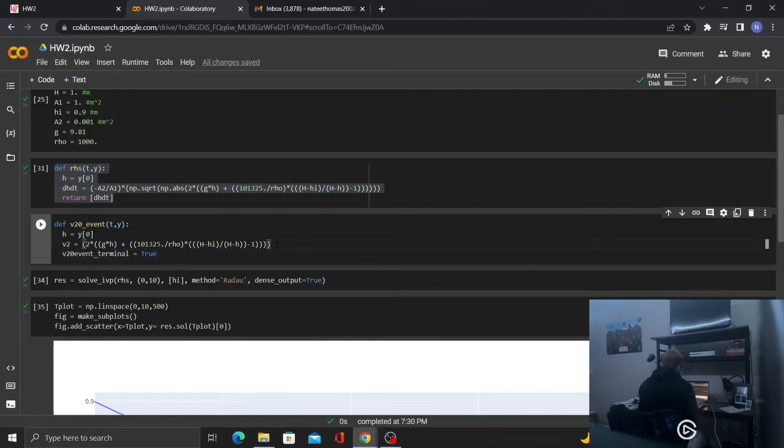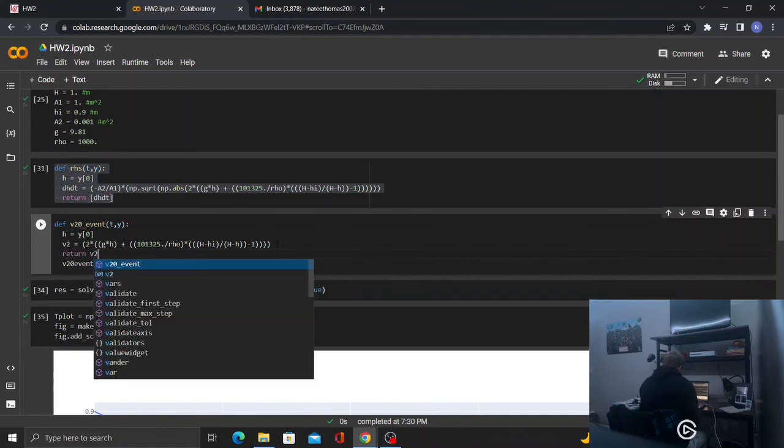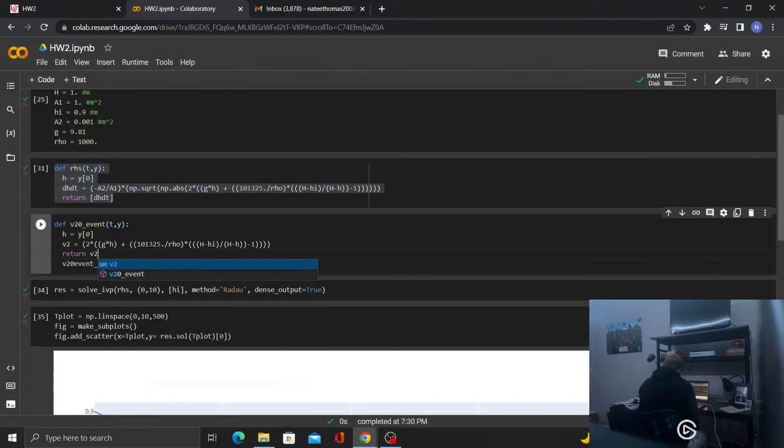And we have to return v2. And this should be v20 underscore event, and then I think it's dot terminal.